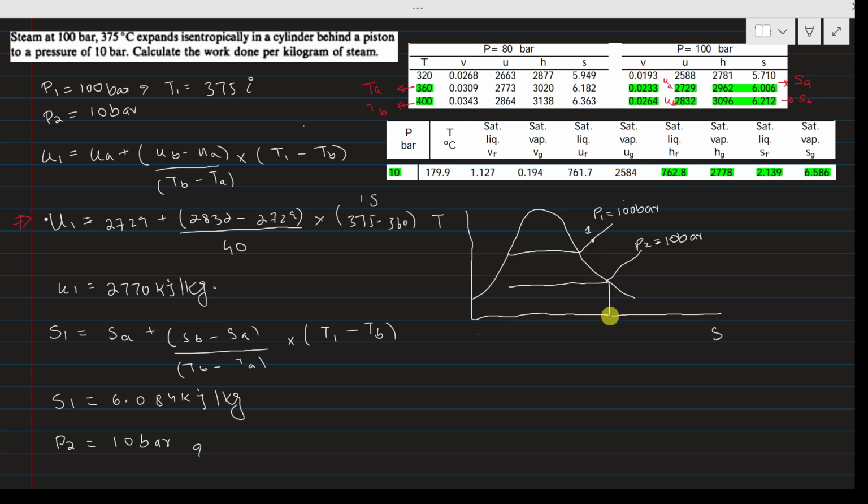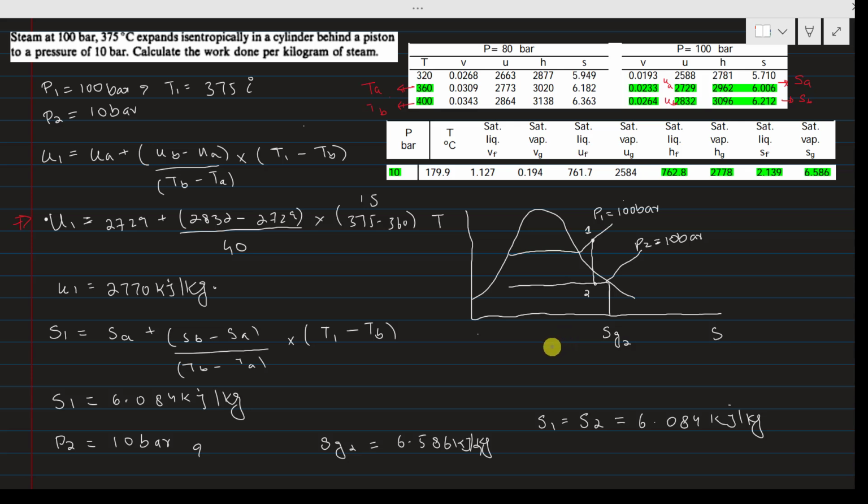This is Sg2, equal to 6.586 kilojoule per kg K. Remember, it is an isentropic expansion from pressure P1 to pressure P2, so the entropy S1 must be equal to S2, and that is equal to 6.084 kilojoule per kg K. If you see that this entropy S2 is less than Sg2, it means that it will lie on the left side, so point 2 lies within the wet region.